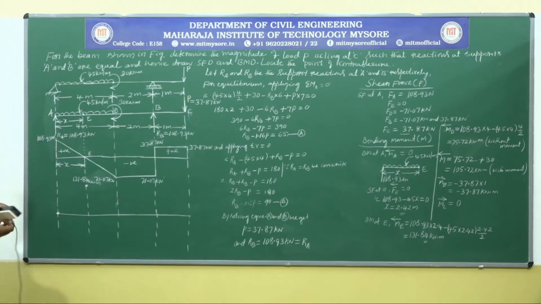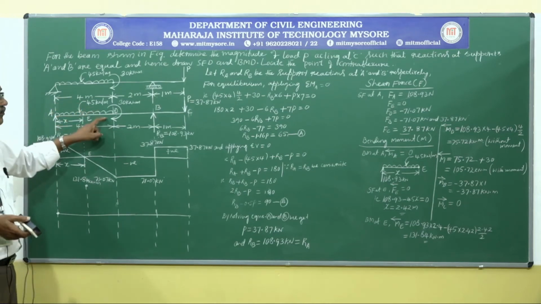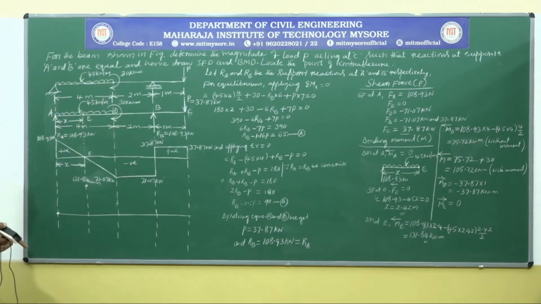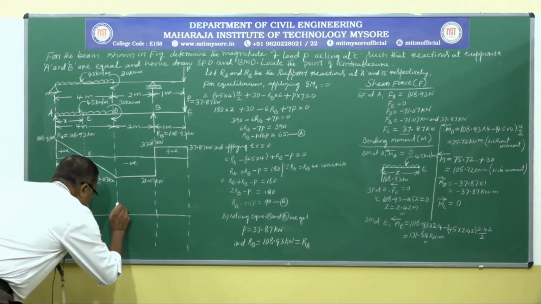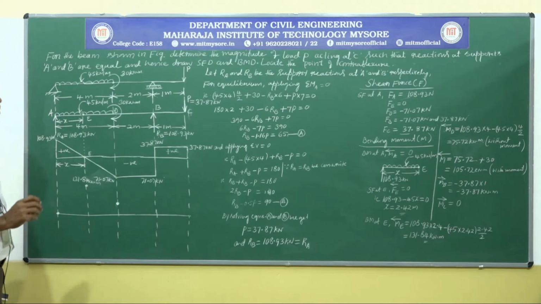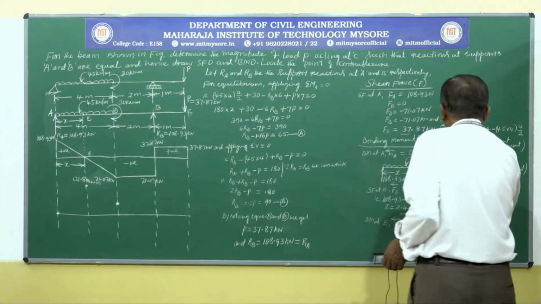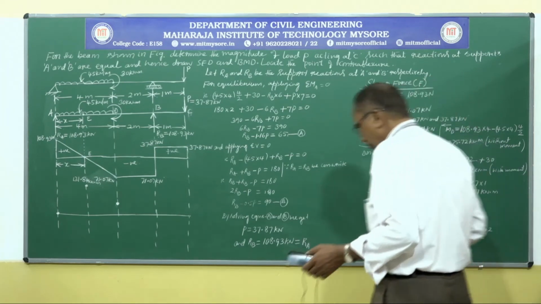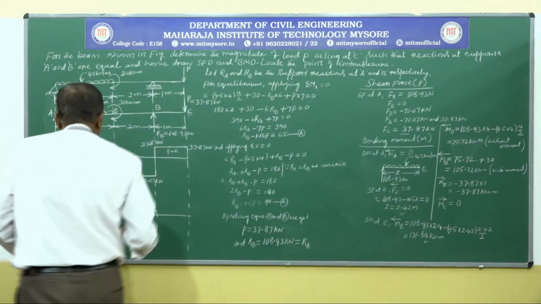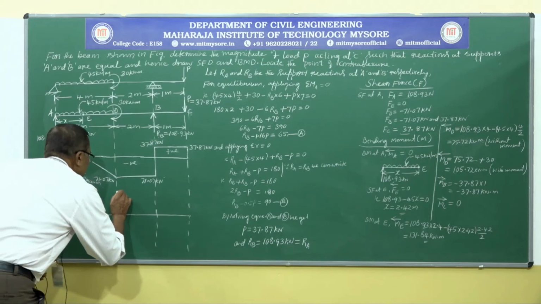Next, we calculated two bending moments at point D. First, we calculated bending moment without considering moment. We got it as 75.72 kilonewton meter. It is the first value, 75.72. Next, we calculated another bending moment at the same point D, and we got the value as 105.72.